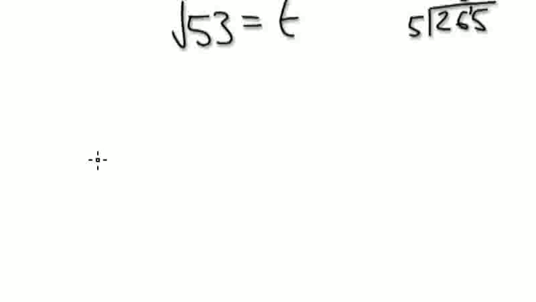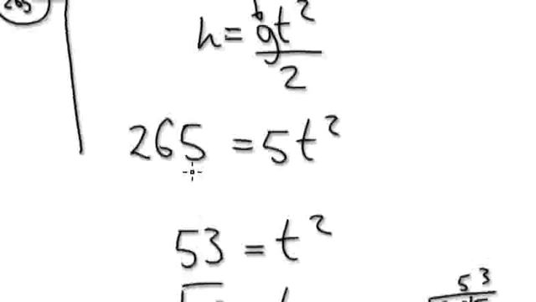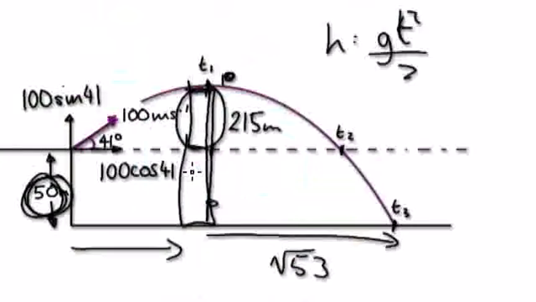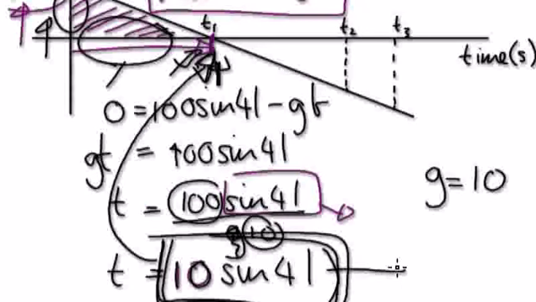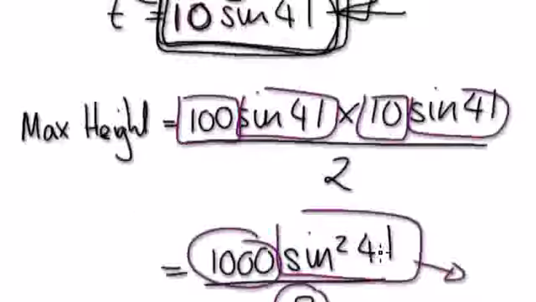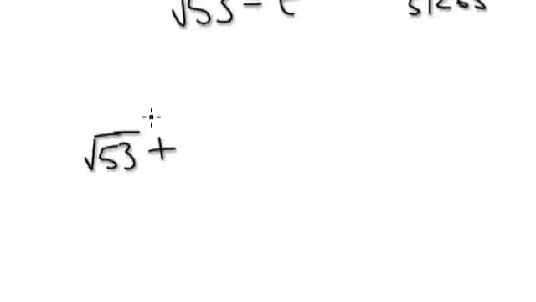So we've got root 53, which is the time from here to here, and then we've got to add the time from here to here, which is given by 10 sine 41. So this is the total flight time. Let's just call it flight.